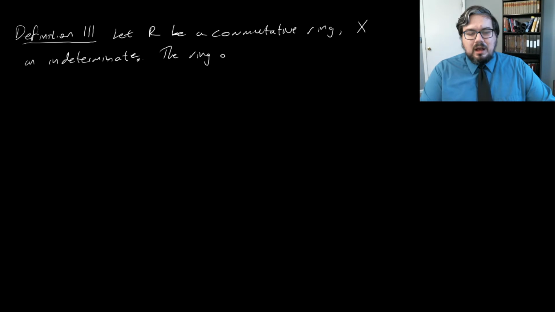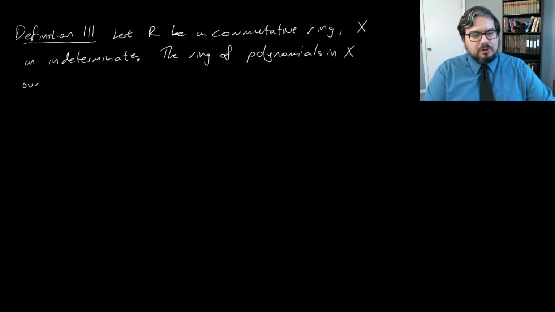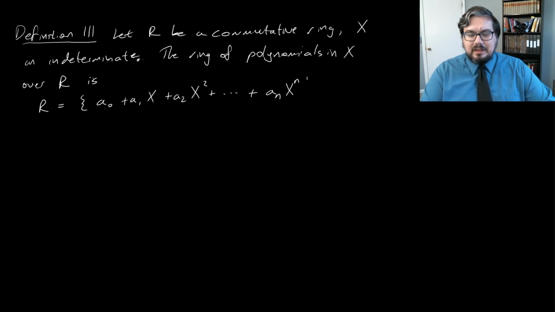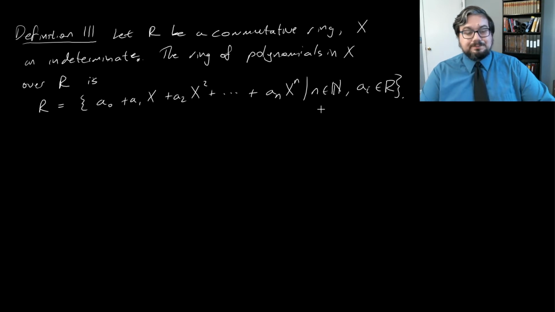The ring of polynomials in X over R is the following ring. The elements of the ring are of the form a0 plus a1 times x plus a2 x squared, etc., up to an x to the n, where n is some natural number and the ai's belong to R.